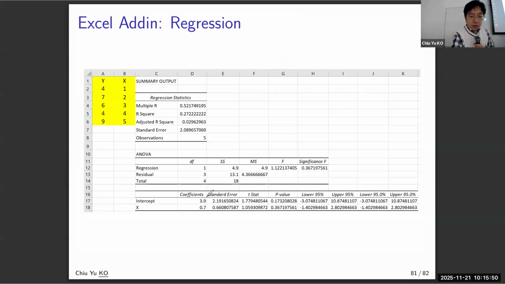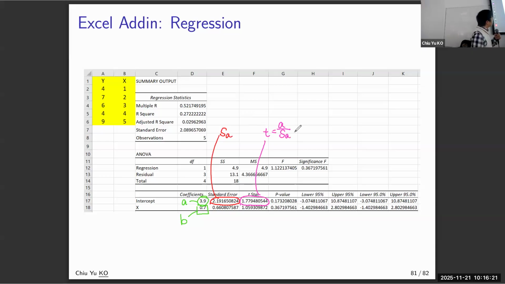This is our A, and this is our B. And we just showed you that this is S of A. And this T stat is simply A over S of A.